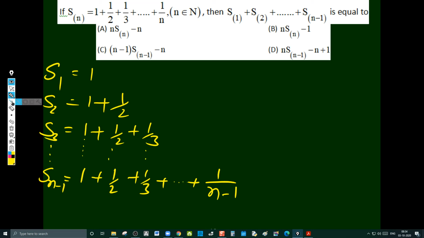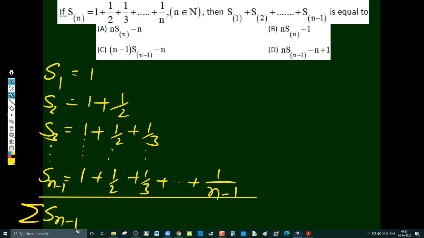So if you add all of this vertically, n minus 1 by 2 plus n minus 2 by 3, वैसा series आता है. How many ones are there? Just check it out. N minus 1 ones are there. Sigma Sn minus 1.